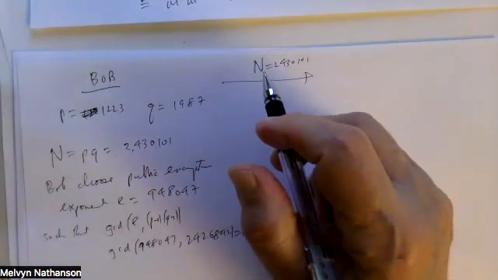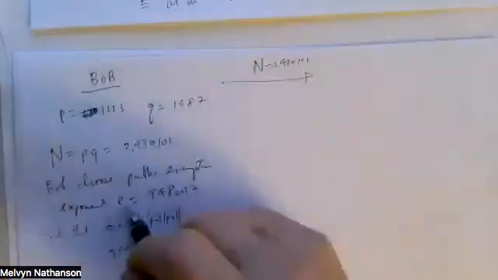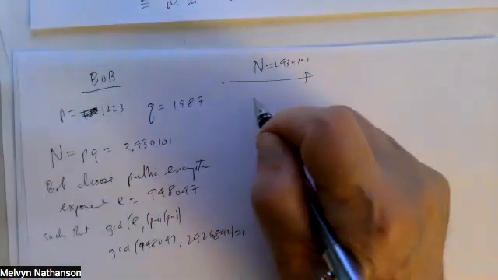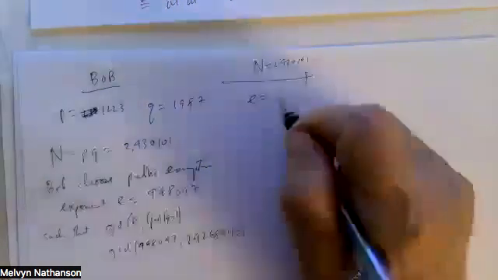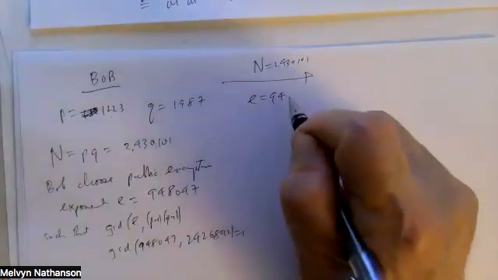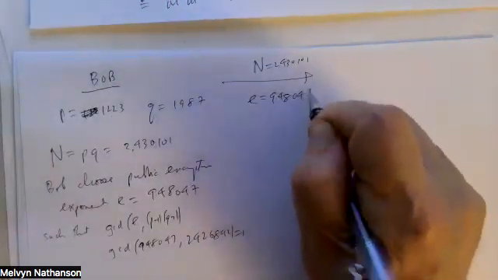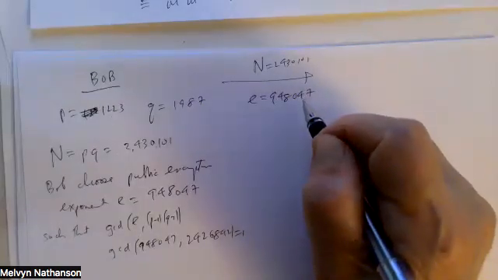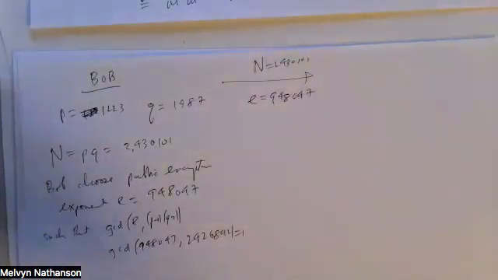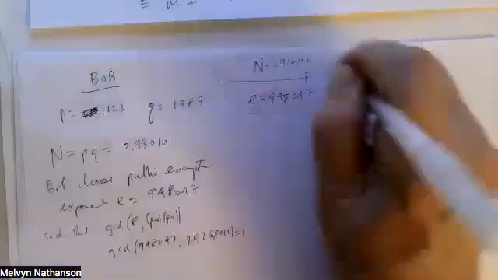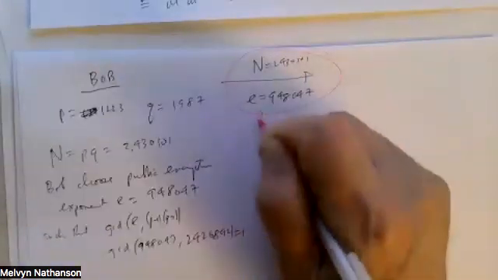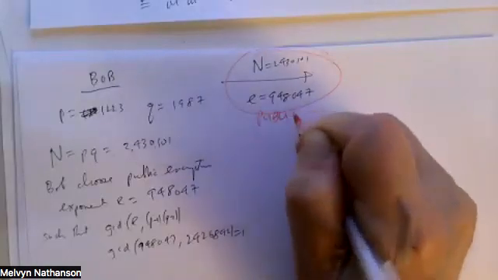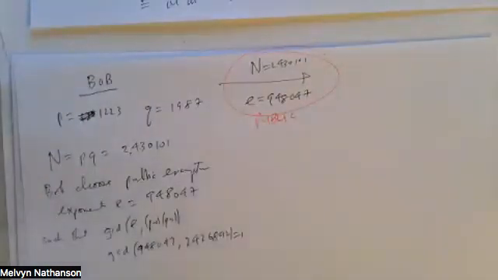And the other number that Bob publishes to the world is this exponent, 948,047. So these are public. Everyone knows these two numbers.